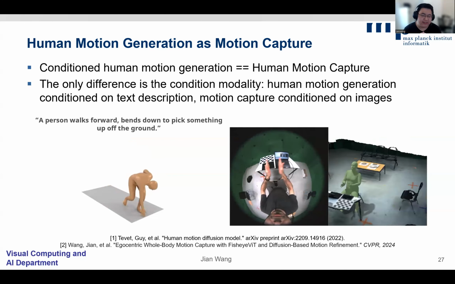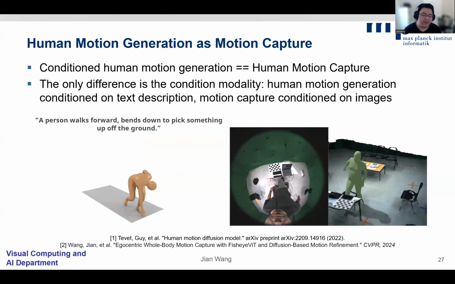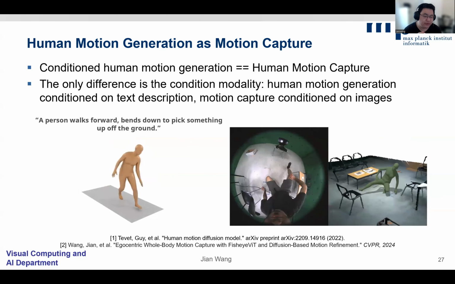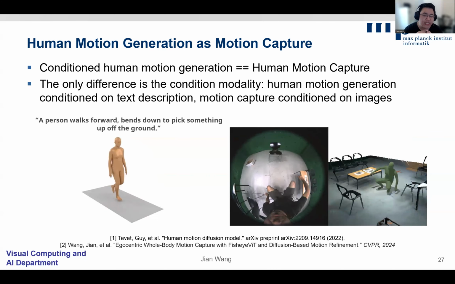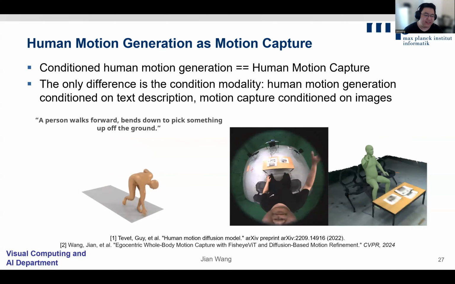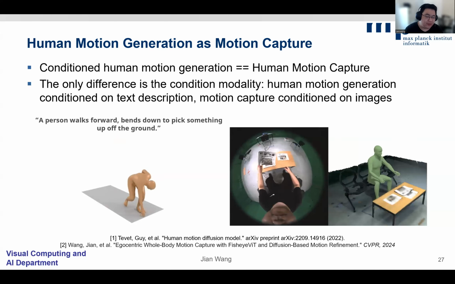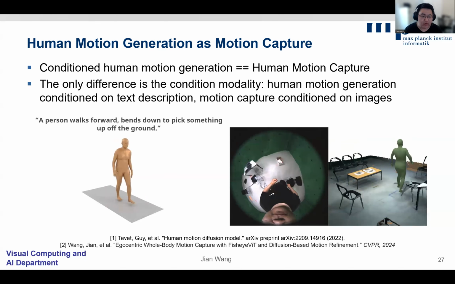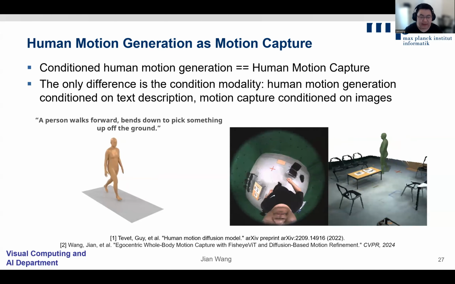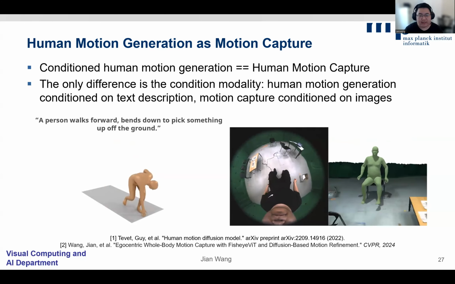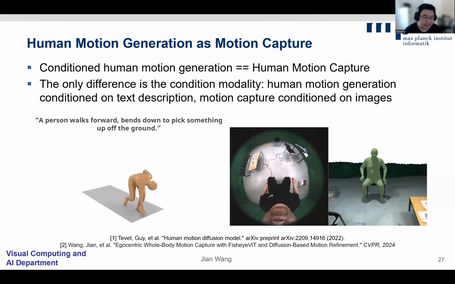On the right is my method to estimate human motion from images. If you think of my method as a human motion generation method that is only conditioned on input images, then these two things are the same, right? The difference between human motion generation and human motion capture is only in the conditional modality. Human motion generation is currently conditioned on text descriptions, and motion capture is conditioned on images.